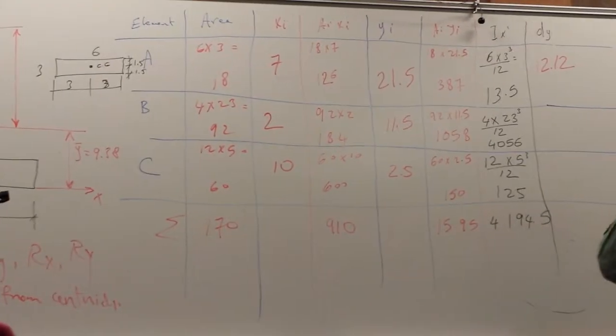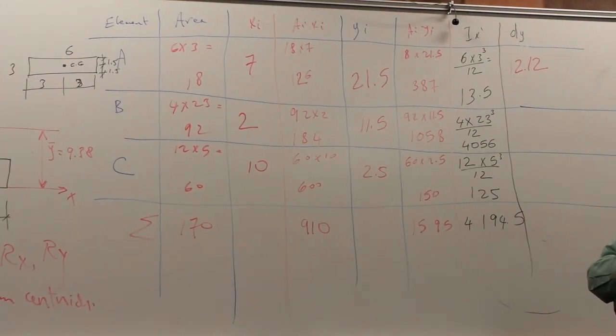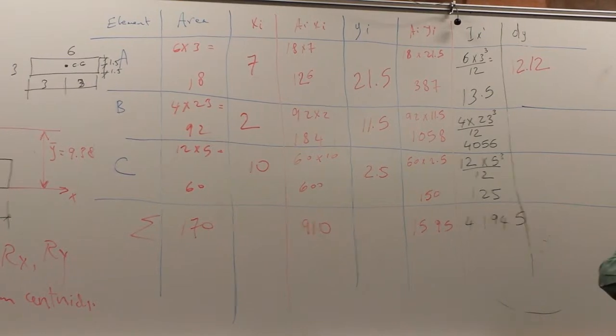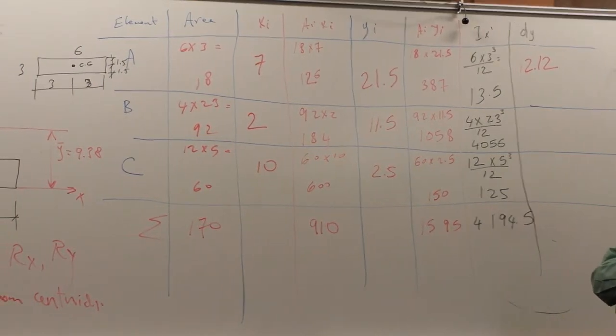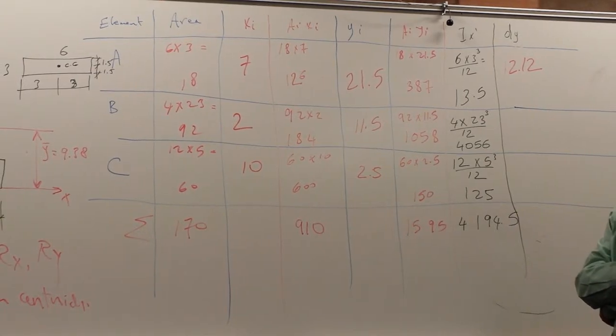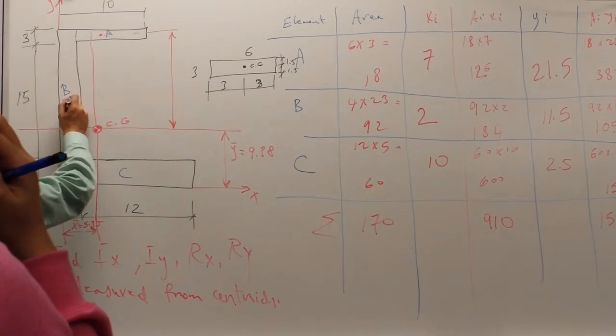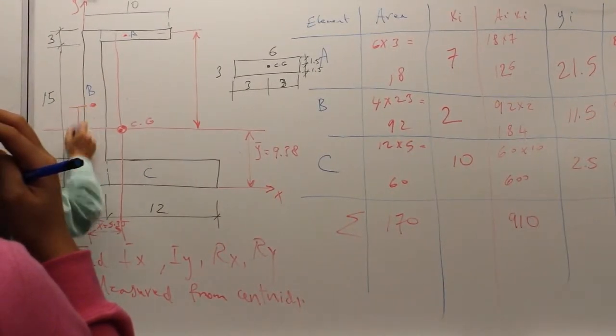For the next one, the center of gravity of the second one was at 11.5. 11.5 to 9.38. Agree? The center here is at 11.5, correct?